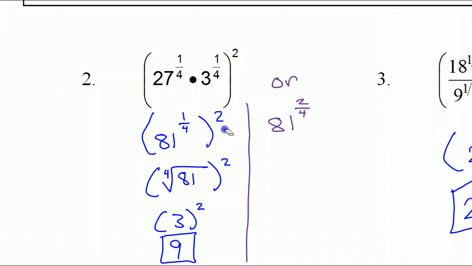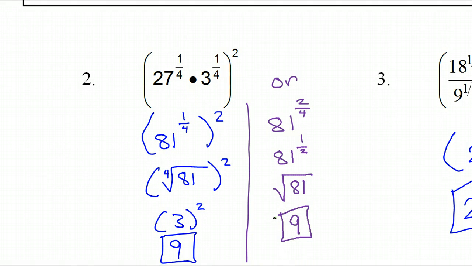Of course, 2/4 reduces down to 1/2, so this would have been 81 to the 1/2 power. The 1/2 power is the same thing as square root, so this is the square root of 81, which again is 9. Either way, you're going to get 9.